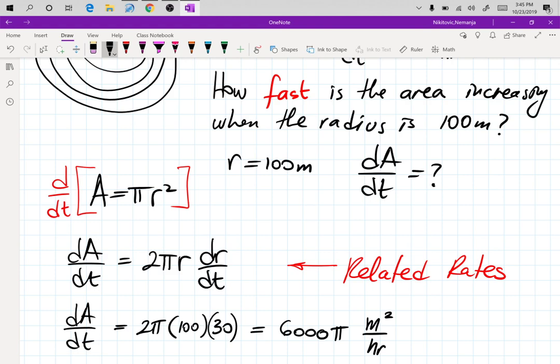How do I find capital D? Pythagorean Theorem. Right here, you have an equation that connects x, y, and d. You can use x and y to come up with the value for d, and then you plug that in as well, and then you can calculate what you need.